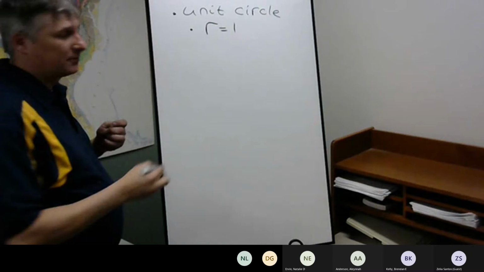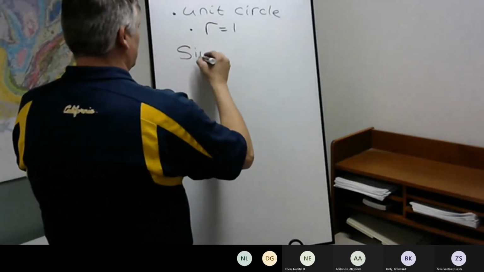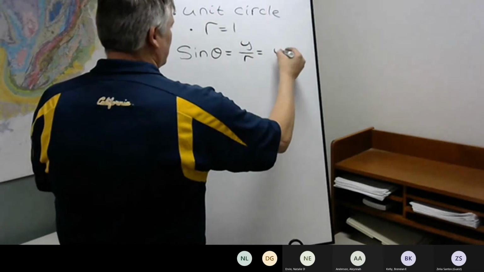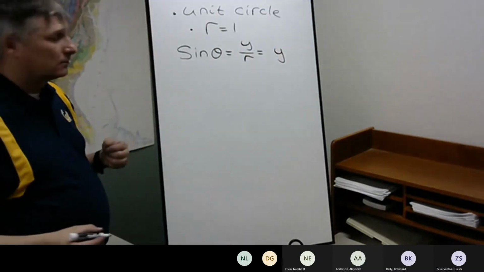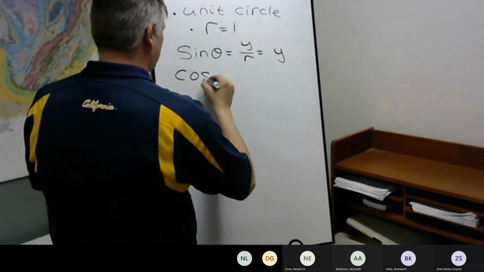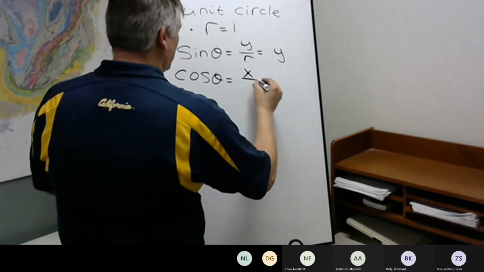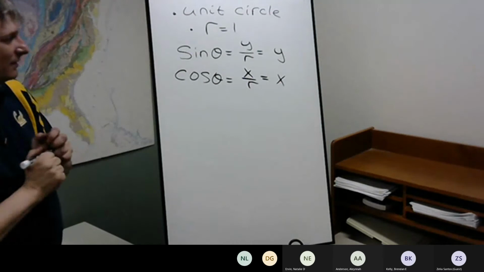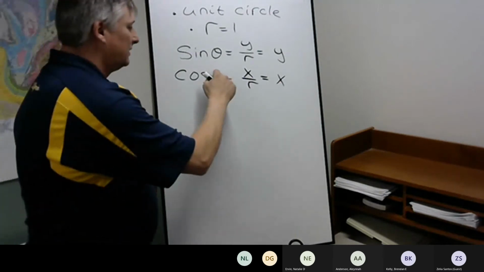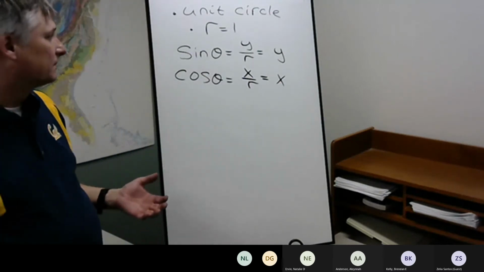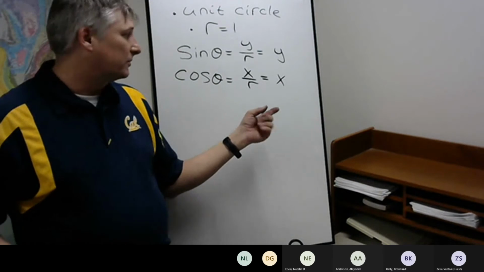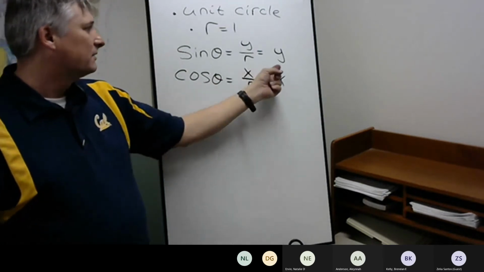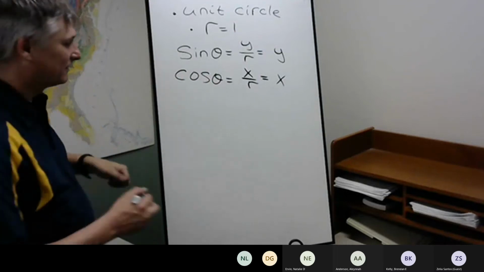So the consequence, sine of theta, which is y over r, becomes just y. Cosine of theta, which is x over r, becomes just x. So that means on the unit circle, any point on that unit circle, the x and the y will be the same value as cosine theta and sine theta.